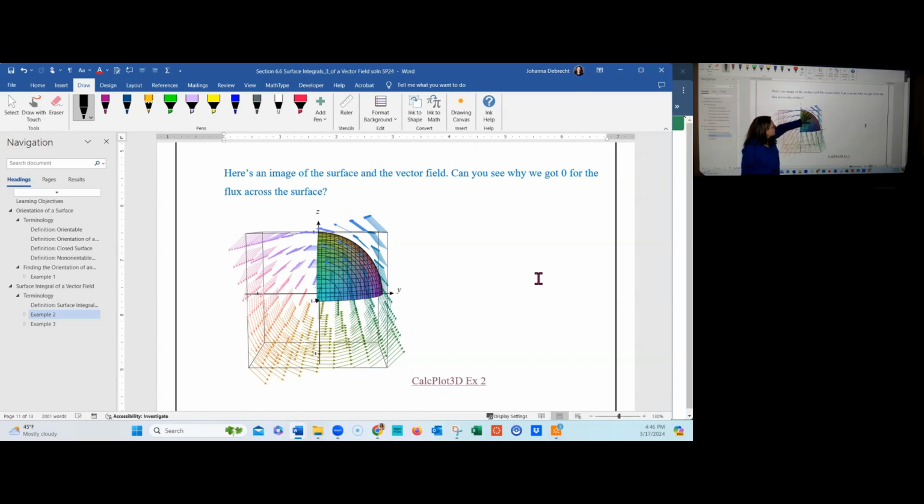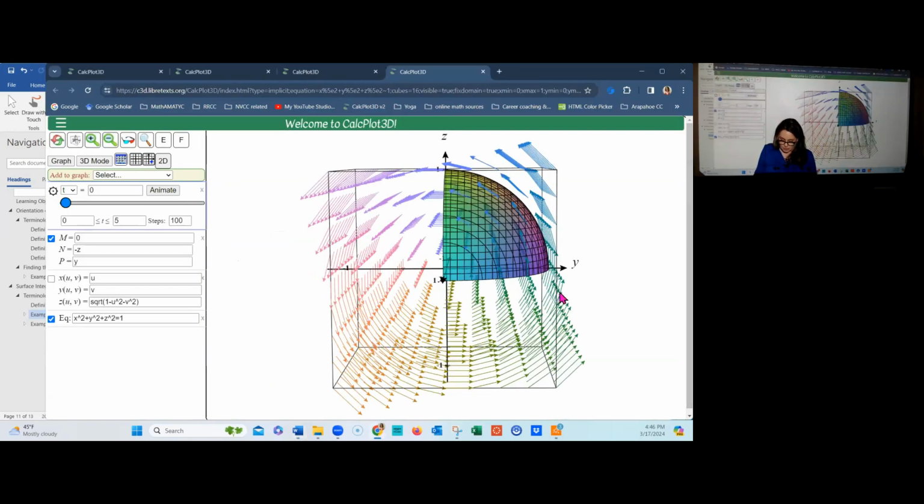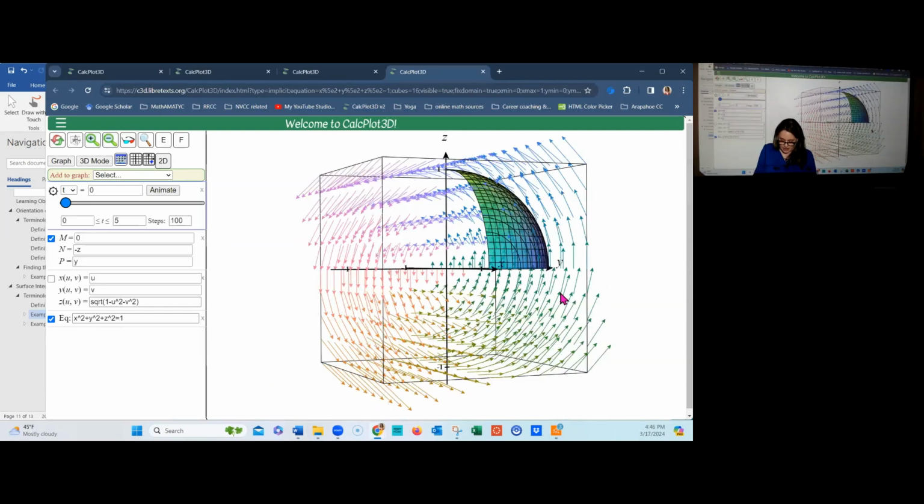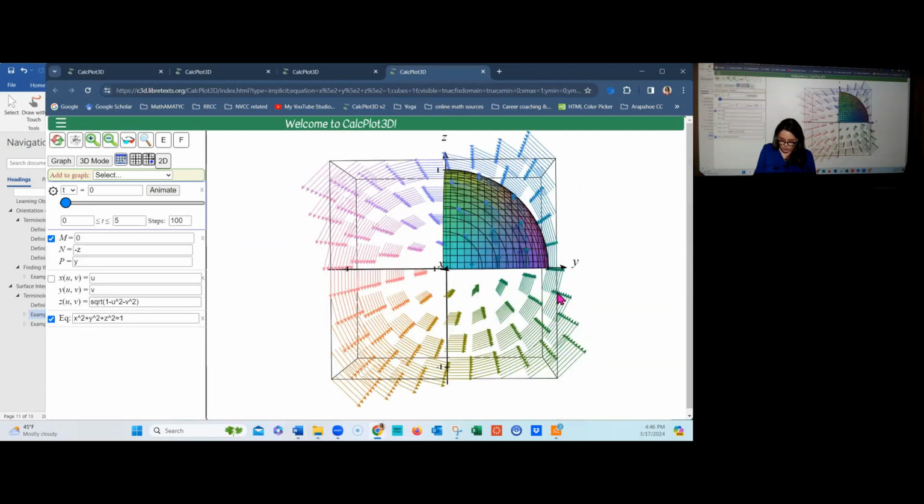Can you tell by looking at this surface why it is that we got the flux of the surface integral to be 0? Here it is in CalcPlot 3D. If you're looking at it from a different orientation, why do you suppose that we got no flow through the surface?